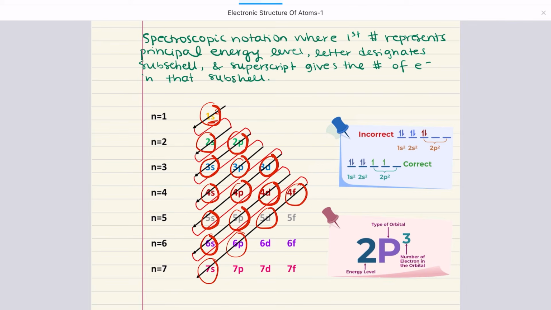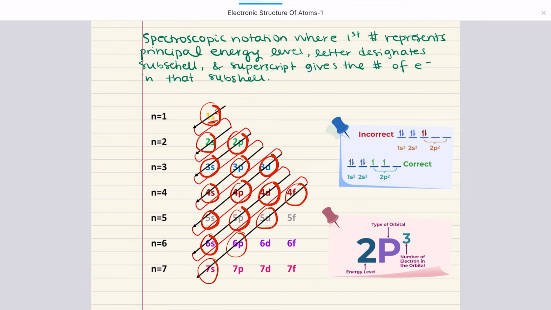Make sure to apply the Pauli exclusion principle to ensure that each orbital gets at most 2 electrons with opposite spins. And then follow Hund's rule by filling all orbitals in a subshell singly before pairing electrons in one orbital.